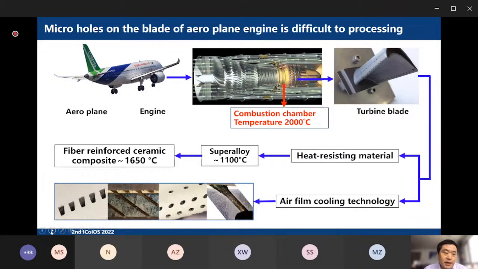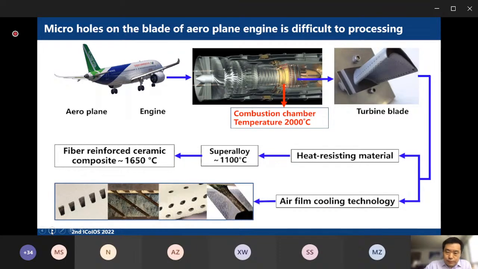The engine is the heart of the airplane, and in the combustion chamber of the engine the temperature is about 2000 centigrade. So the turbine blade works in the combustion chamber, and it should work under 2000 centigrade, the high temperature.